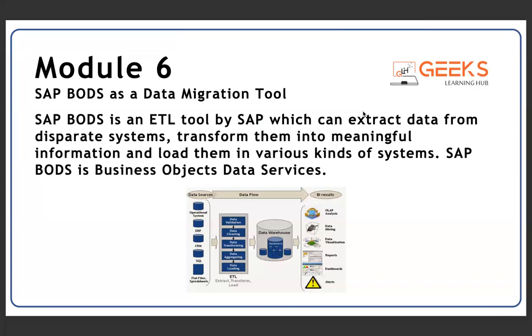target system. As I already described, BODS is an ETL tool, which stands for extract, transform, load. So BODS can be utilized as a conversion tool so that you can collate all of the data sources. You can extract the data from various operational systems, ERP systems, CRM systems, or different kinds of flat files.